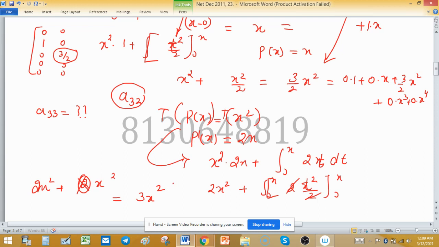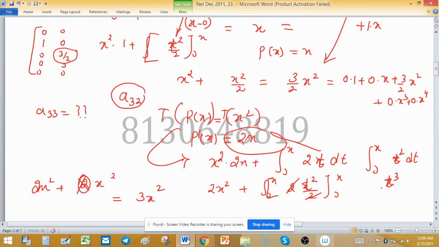Am I right? Okay, it seems I am right. No, I am not right, because I have put p dash x, but we have to write p(x) here. So this integration will be from 0 to x, and p(x) was x square, or in terms of t, t square dt.